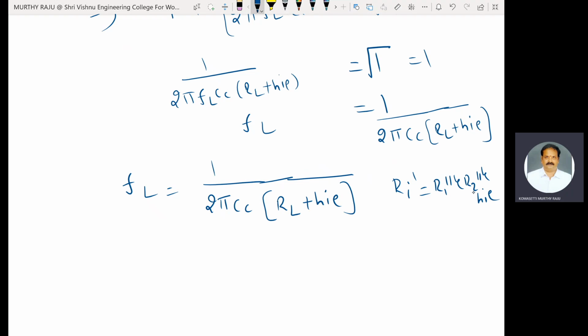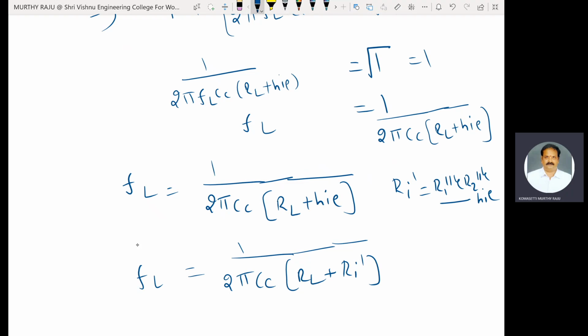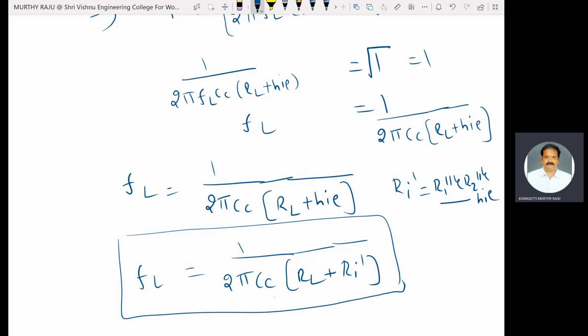If these two resistances are neglected, Ri dash is HIE. Suppose these two resistance values are given in the examination problems. Then in 2 pi CC RL, instead of HIE we use Ri dash. We use this expression. The coupling capacitor affects the low frequency range.